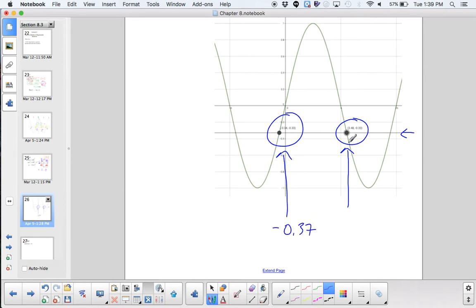And this is the other one we're going to find. And the way we get that is we say pi minus the negative 0.37. That should be a 7.